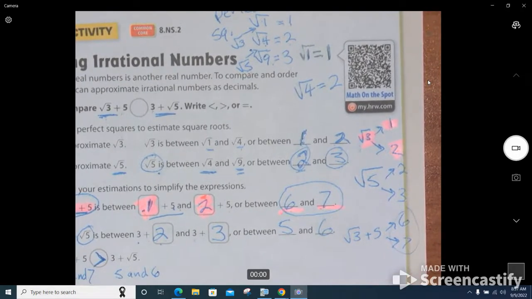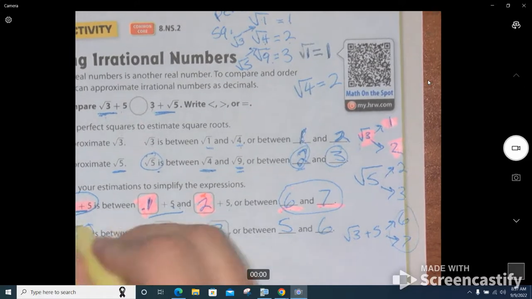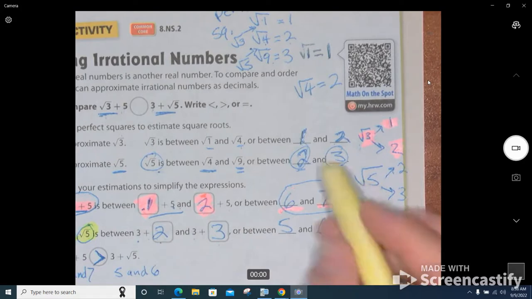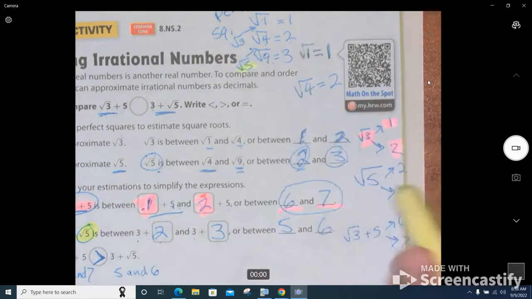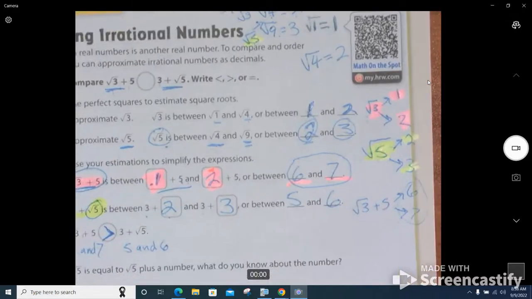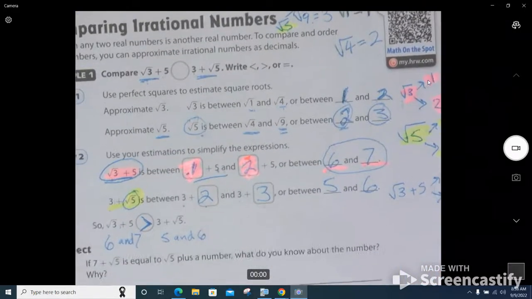Now, if we repeat that process, we have 3 plus the square root of 5, but the square root of 5, we said, lives between 2 and 3, right?